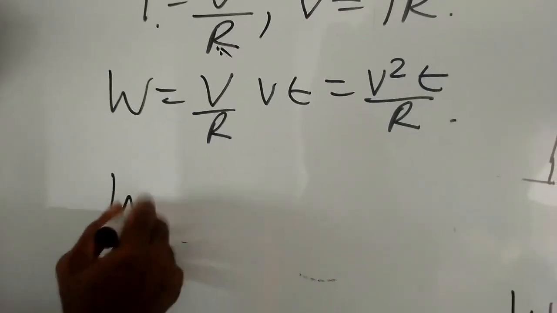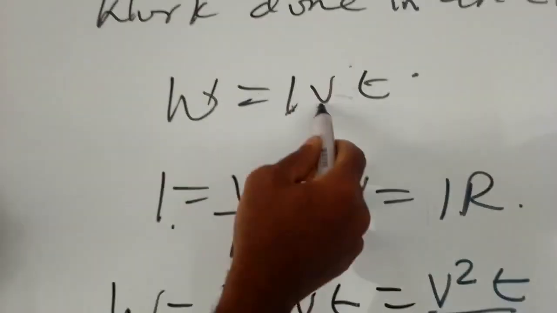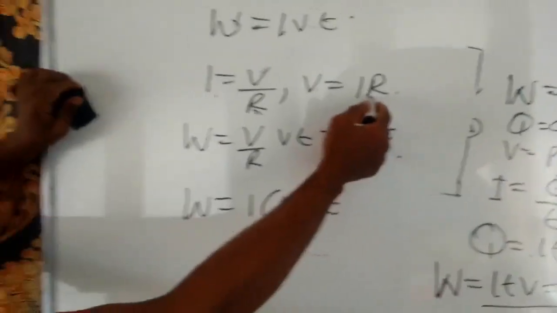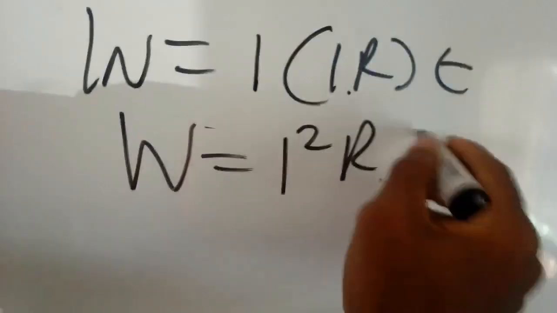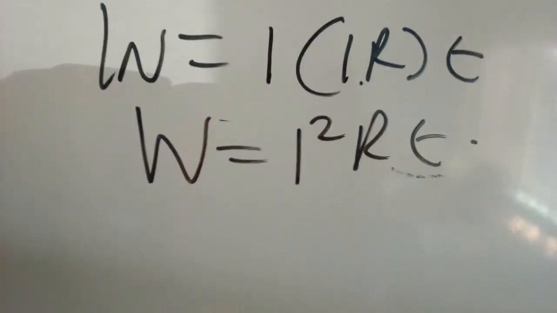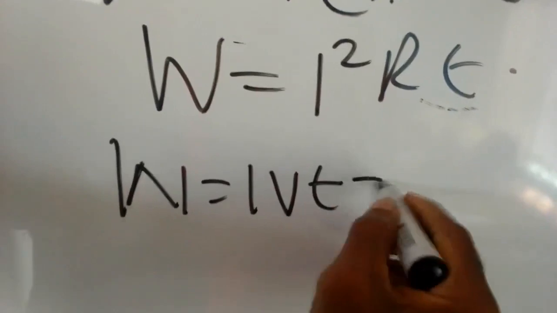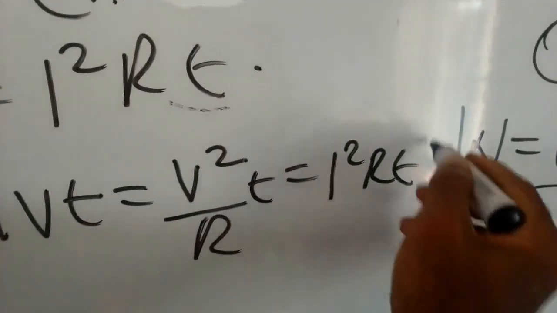Or if I substitute voltage with IR, I have I multiplied by IRT. I replaced the potential difference with IR, so I now have work done as I squared RT. So the work done in a circuit is given by either IVT, V squared T over R, or I squared RT.